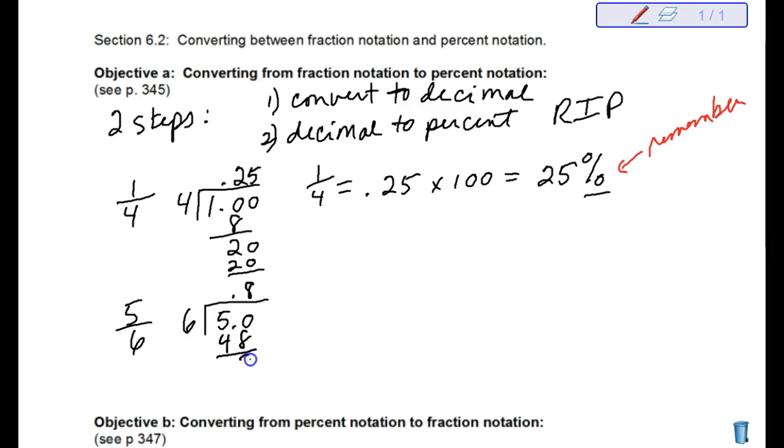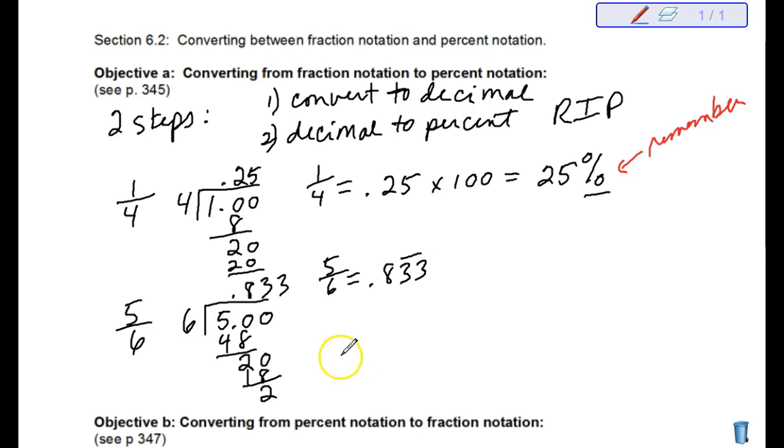We get a remainder of 2, add a 0. 6 goes into 20 3 times, because 6 times 3 is 18. And I get another 2. So I'm just going to keep getting that 3 on and on and on. So 5/6 is 0.83, and the 3 repeats.